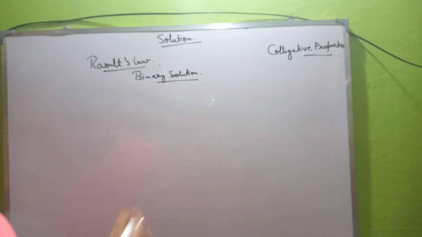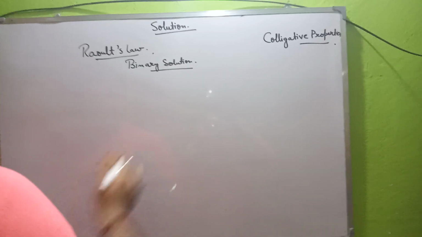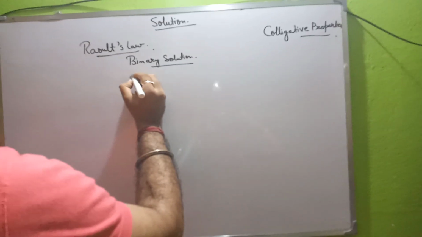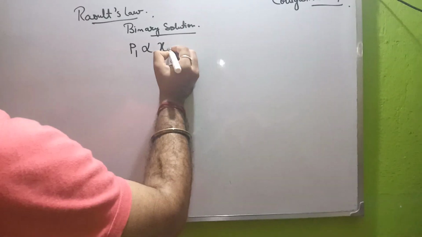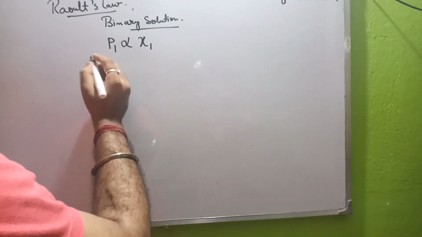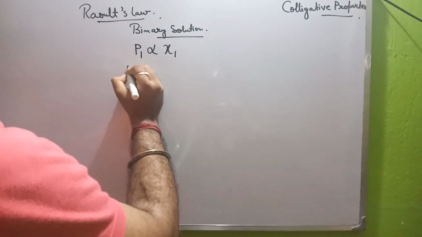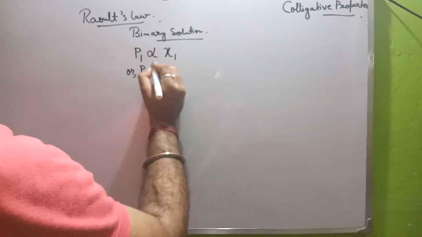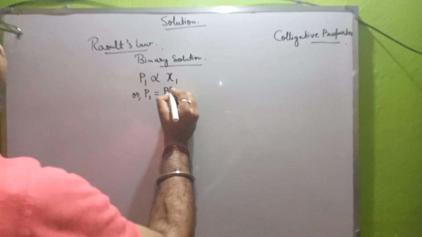So today we will be discussing what Raoult said, that the partial vapor pressure is directly proportional to the mole fraction of the solute. Or the partial vapor pressure, if we remove this constant of proportionality, what will it be?